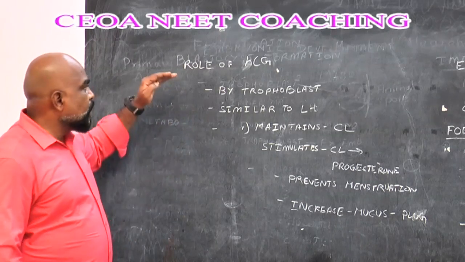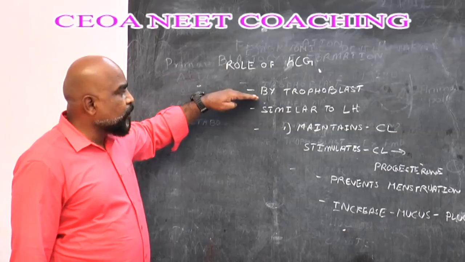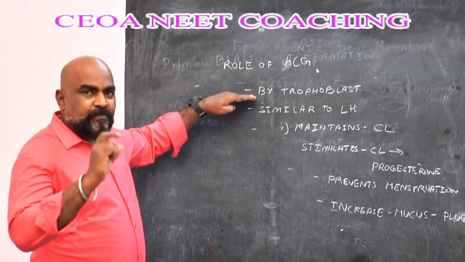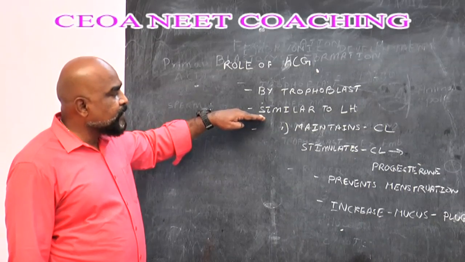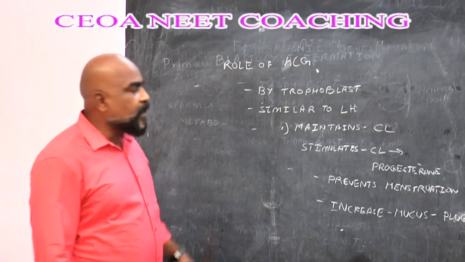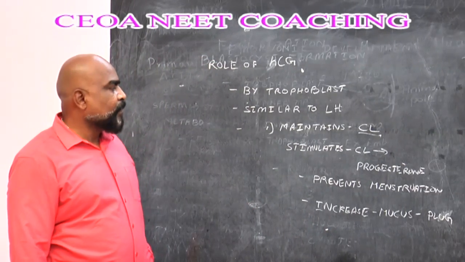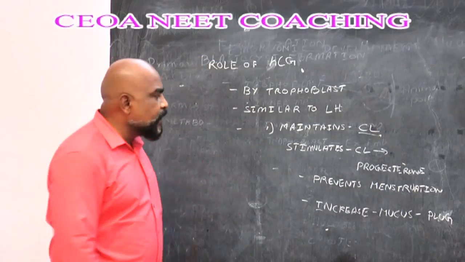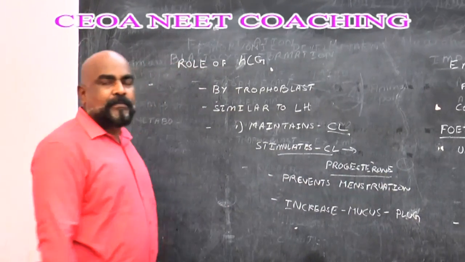Now let us see what it does. HCG is produced by the trophoblast. Its function is very similar to the luteinizing hormone. That is, it maintains the corpus luteum, and it stimulates the corpus luteum to secrete progesterone.